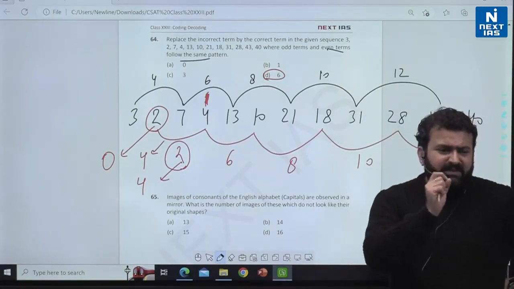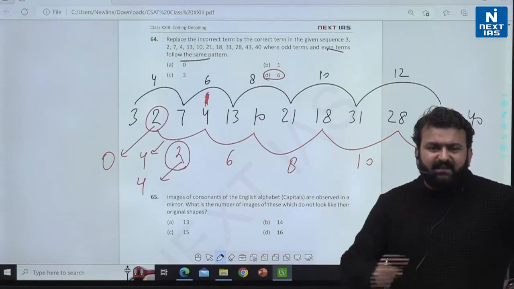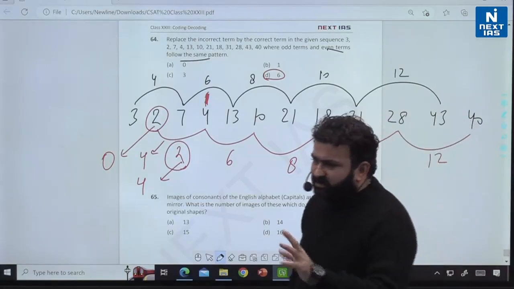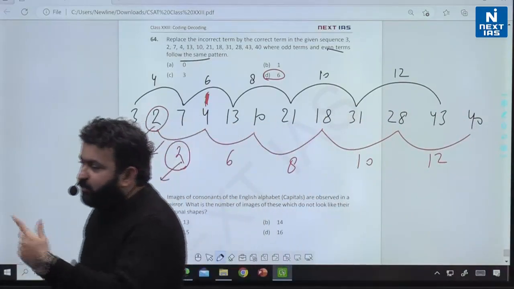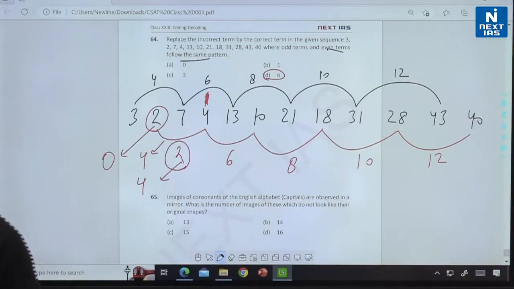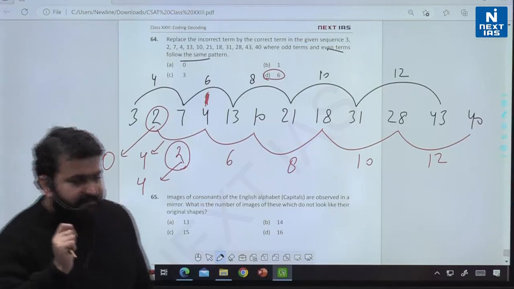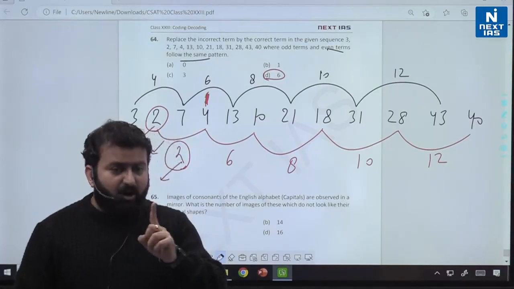So all of you, please remember, as I said yesterday, UPSC is now not only asking you to find the wrong term, it is also asking you to replace the wrong term by the correct term. So here in this case, 2 must be replaced by 0.